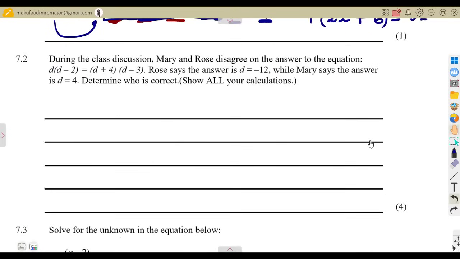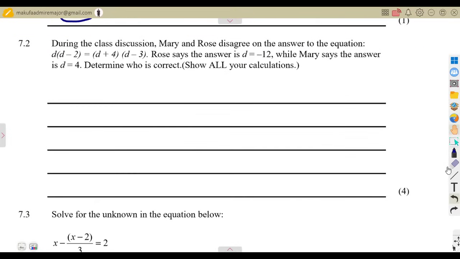During the classroom discussion, Mary and Rose disagree on the answer to the equation. This is the equation: D into D minus 2 is equal to D plus 4 into D minus 3.